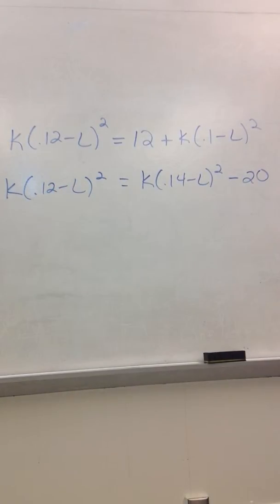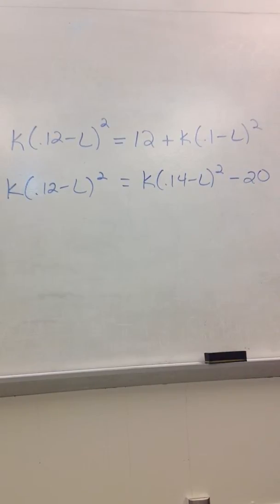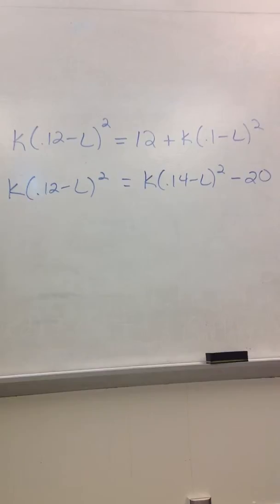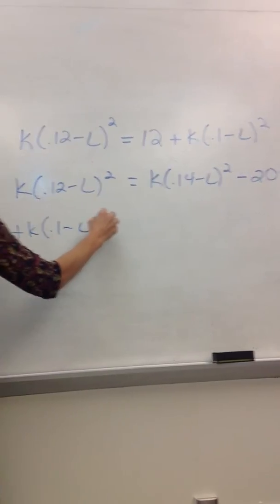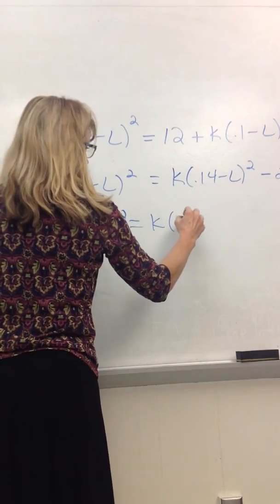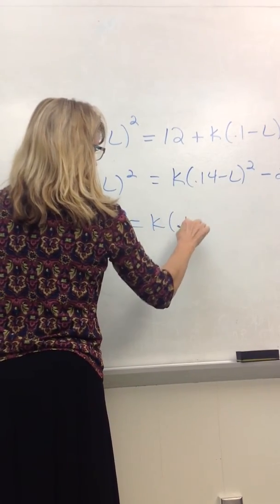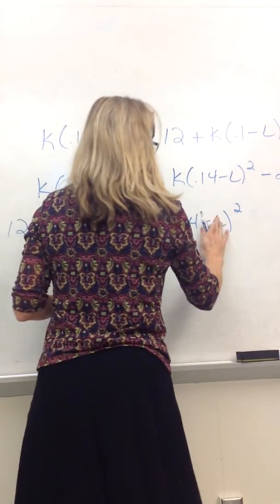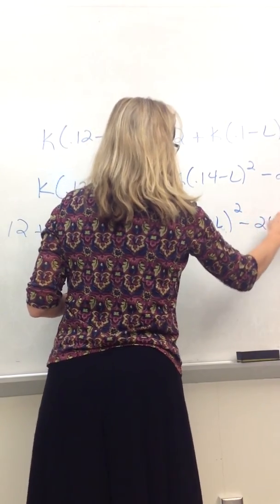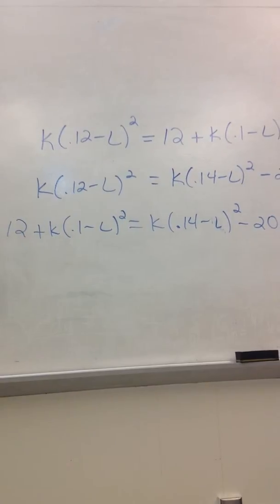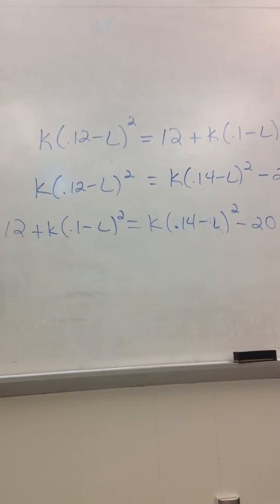Okay, I recognized that they both had that common term of the k times 0.12 minus L squared. And so I'm capitalizing on that, because then I could set those equal to each other and whittle down to at least one of the variables.